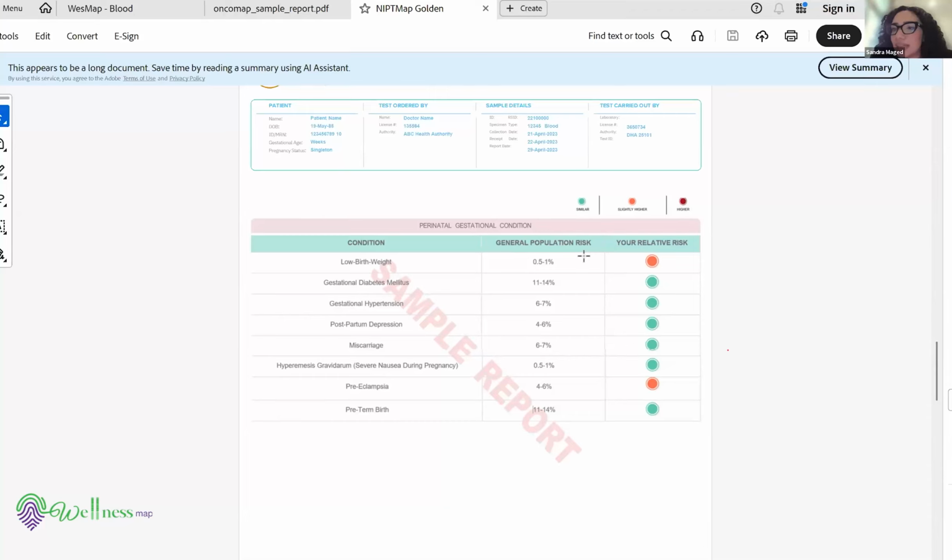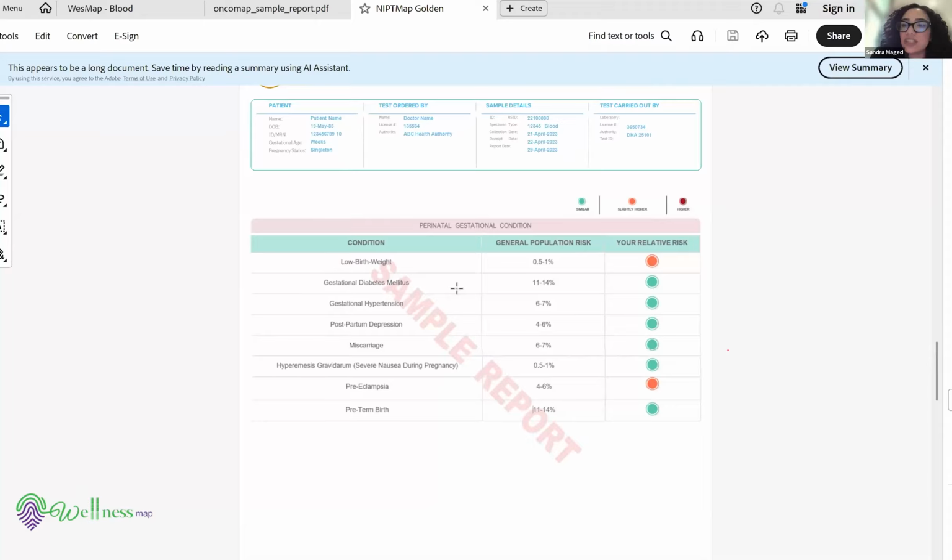So we can understand the risk value of such a disease on the whole population and on our patients specifically. Then we can see that the patient's relative risk is slightly higher. So she has a slightly higher risk of delivering a low weight baby.